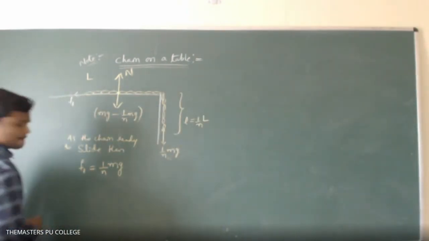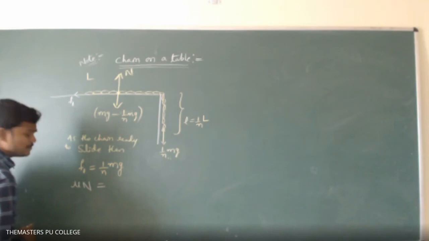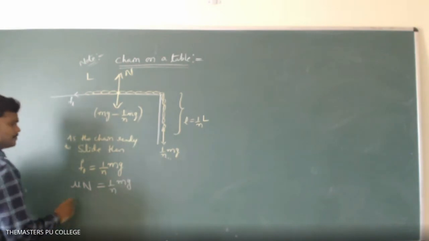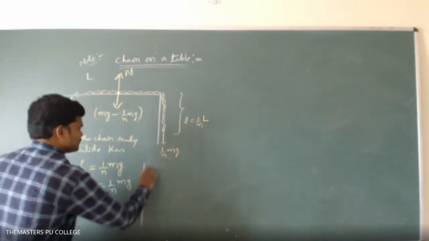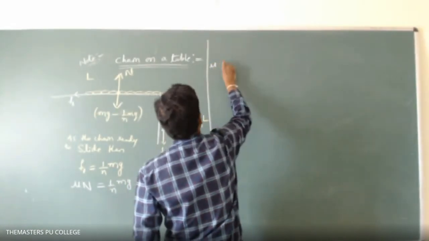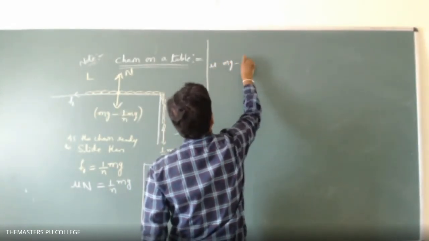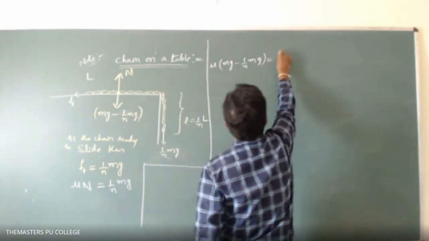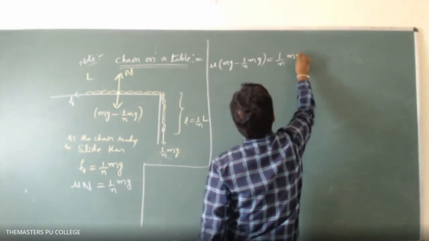What is the frictional force? Mu N. Is it okay, mu N? 1 by n mg equals mu N. What is N? mg minus 1 by n mg, into 1 by n mg.